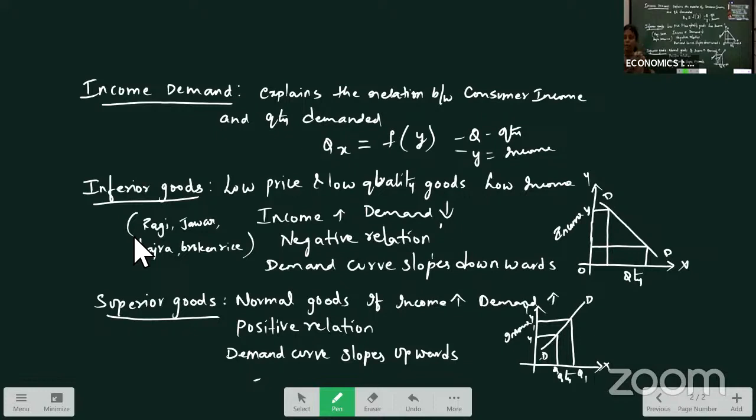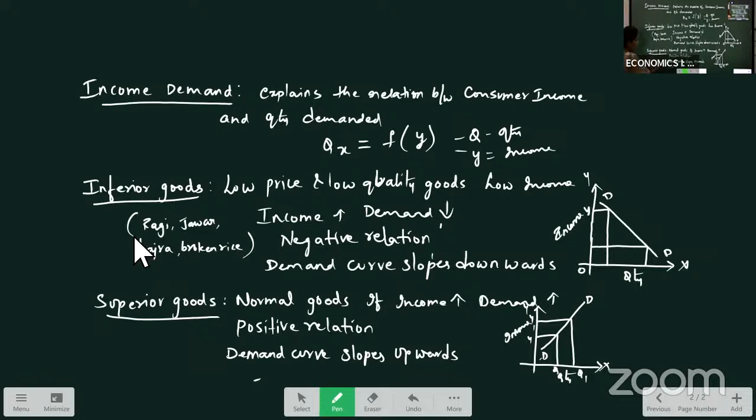What is an inferior good to you may not be an inferior good to another person. For high income people, some may not be considered inferior. That differs from person to person. But in general, we consider these as inferior goods.